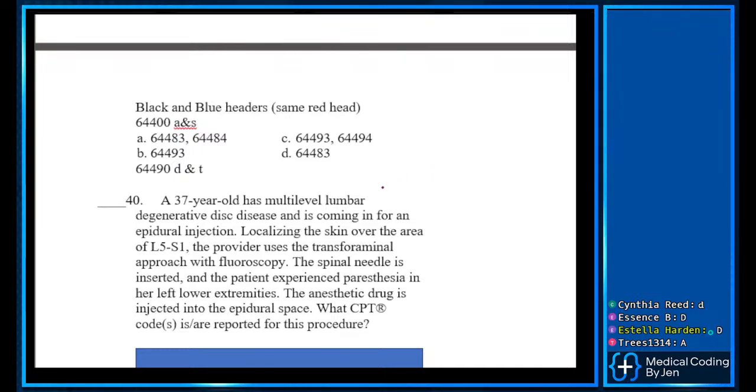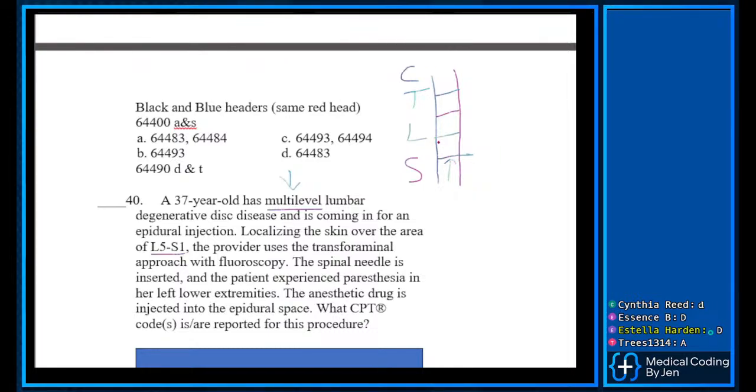Also, another thing that you need to know is you can see that they're saying multi-level here. It's propaganda. Your spinal column starts out with cervical, thoracic, lumbar, and sacral. If you think about it like ladder rungs, it's a little bit easier to think about how many levels. You have to go up a level to be able to build a level.